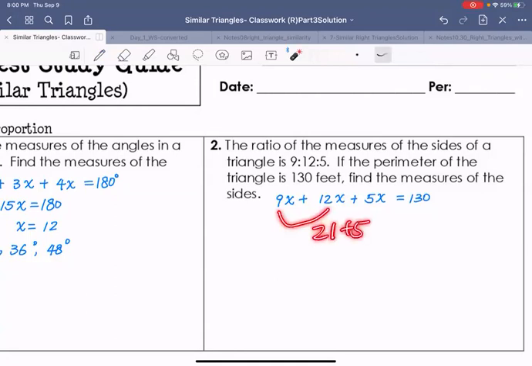9 plus 12 is 21, plus 5, 26, yeah. X equals? How much? 5. There you go. Thank you. Complete all the sides. Go ahead.